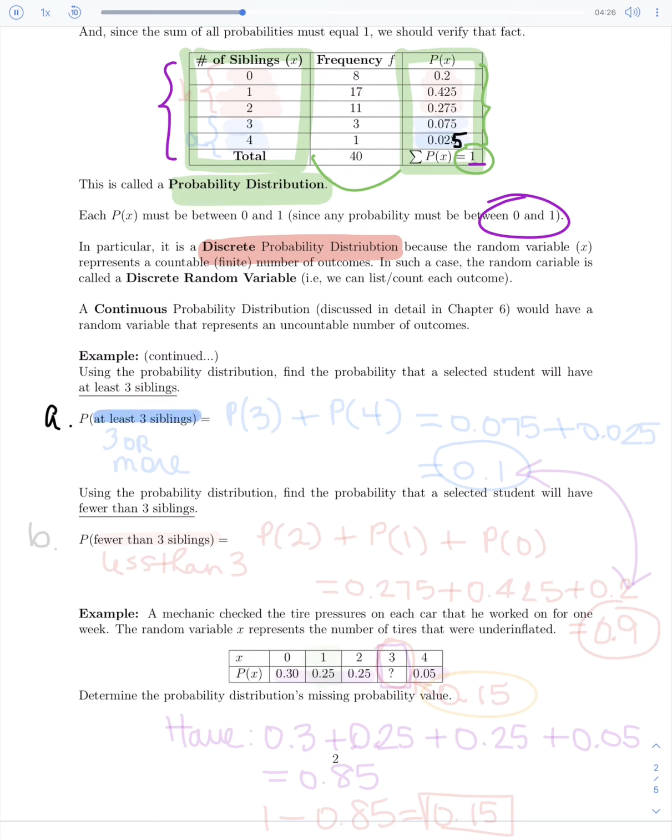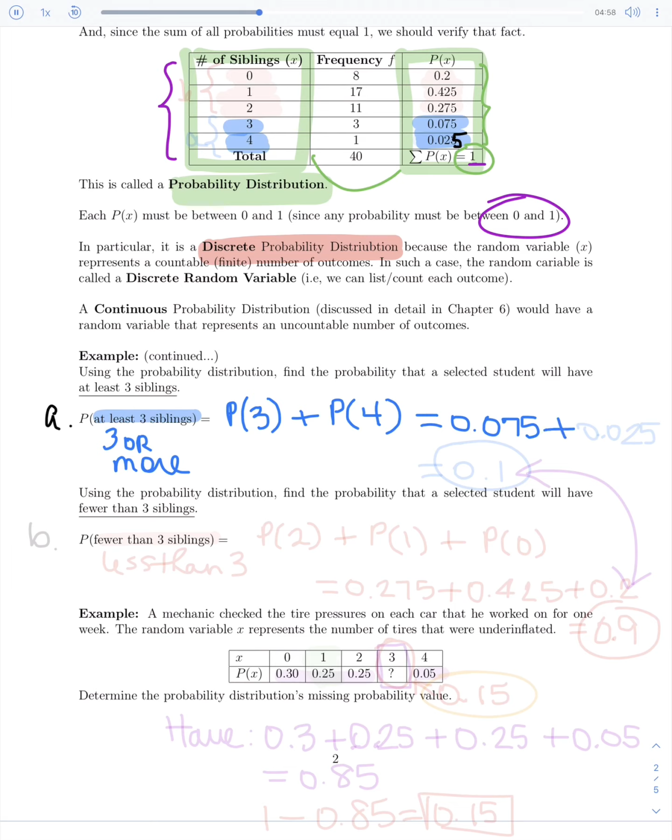At least 3 siblings means 3 or more, which in our table would be 3 or even 4 siblings. So we just take those values and add them up. It could be that you have either 3 siblings or that you have 4, because we said at least 3. So our 0.075 is the probability of getting somebody with 3 siblings.